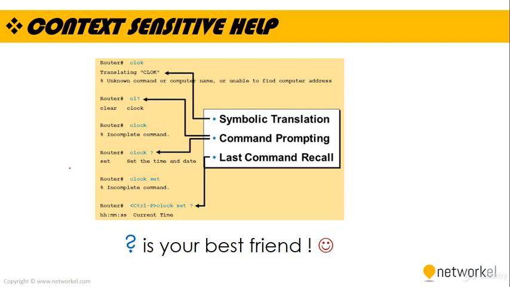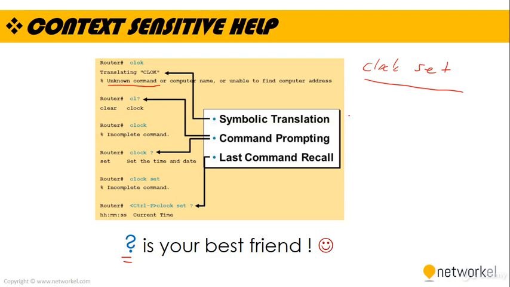IOS provides context-sensitive help. Please keep in mind that the question mark is always your best friend. Alright, let's take a look at the screen, and let's say that we are trying to type the clock set command. Instead of typing clock, if I type, for example, CLOK, IOS warns us that this is an unknown command.